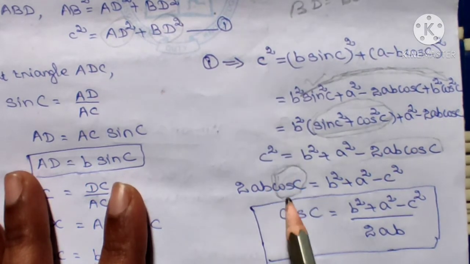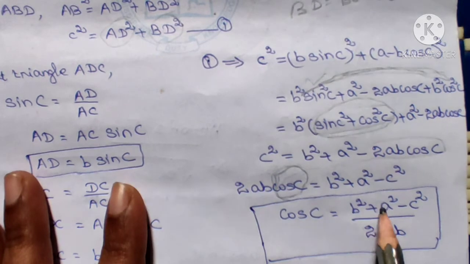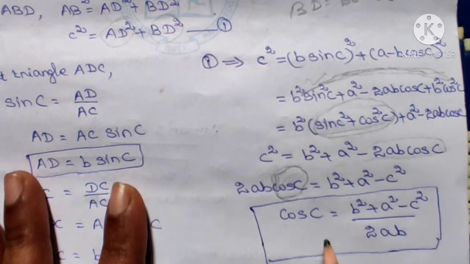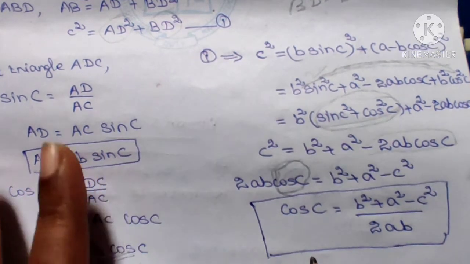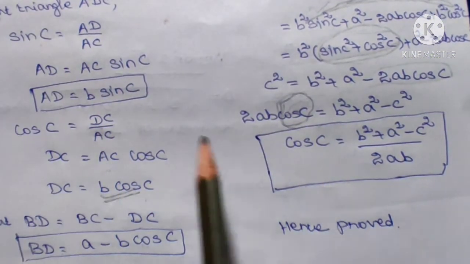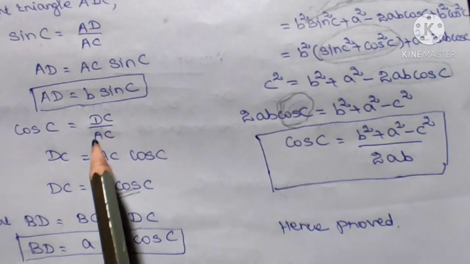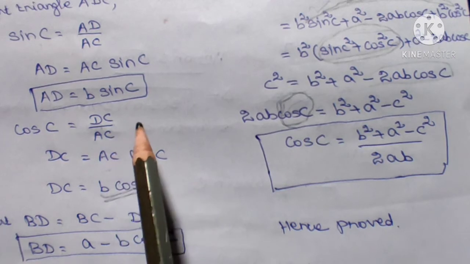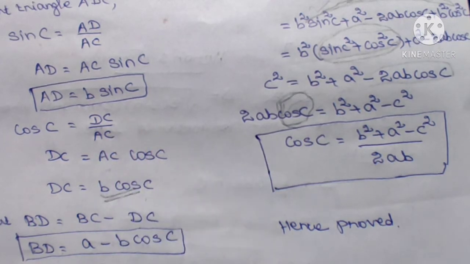Cos c is equal to b square plus a square minus c square by 2ab. So this completes the proof. Similarly we can prove the other results using this one, or we take the other triangles and calculate the other results. Hence proved.